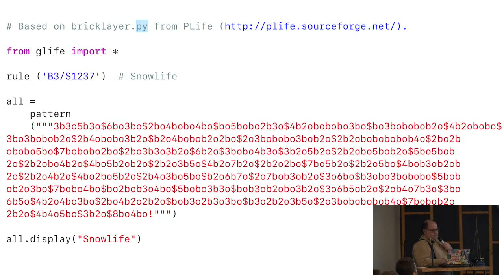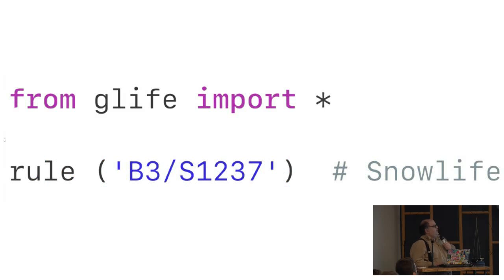There's a rule here. You can see that first I import star, because that's the best way to do things in Python. All of their examples do from glife import star. And then I do my rule, and the rule is global.